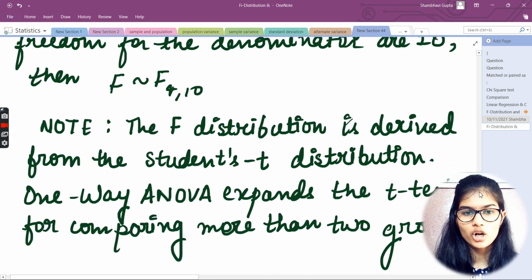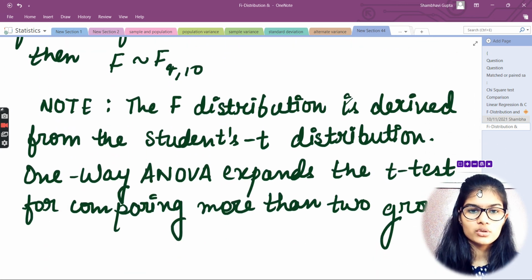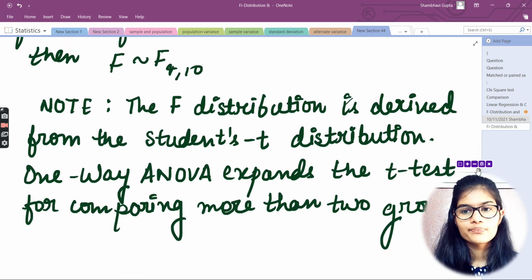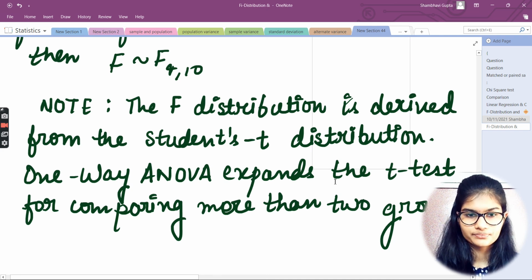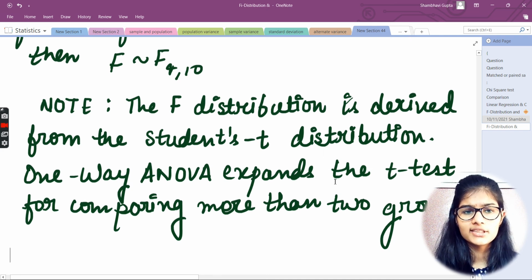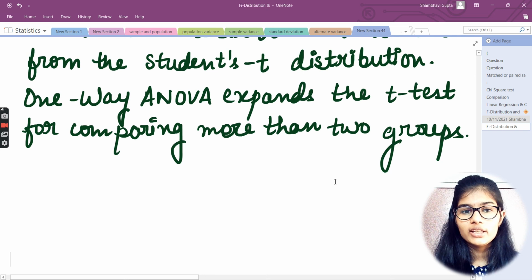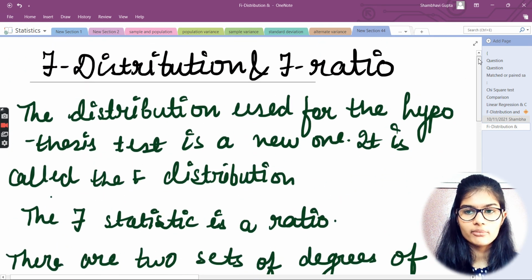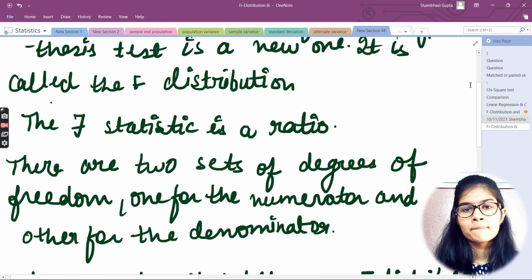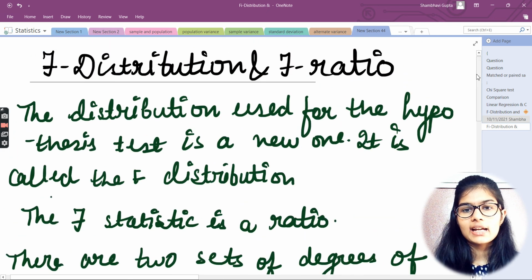The note is that the F distribution is derived from the Student's t distribution, and one-way ANOVA expands the t-test for comparing more than two groups. Hope I am clear regarding these statements about the F distribution and the F ratio.